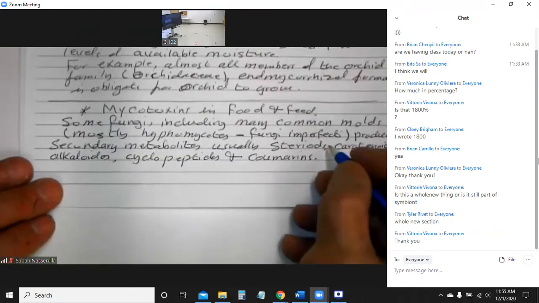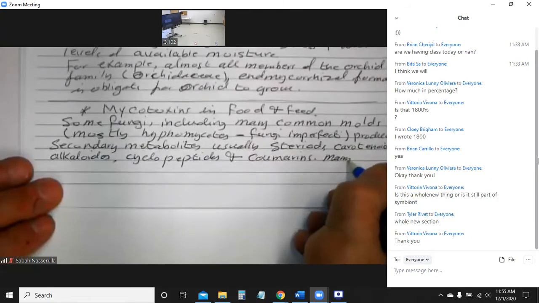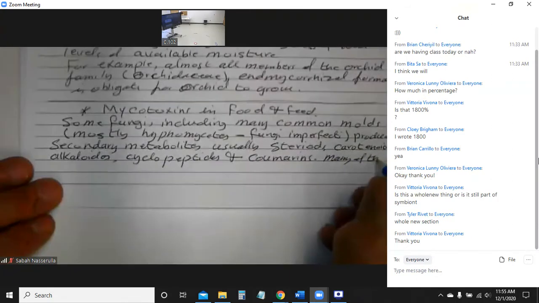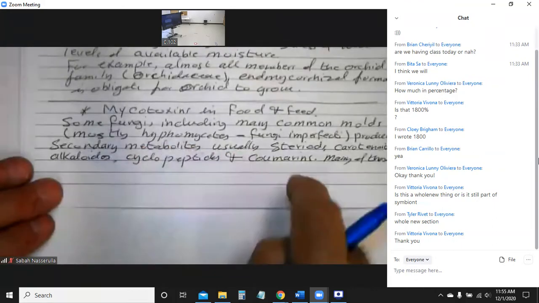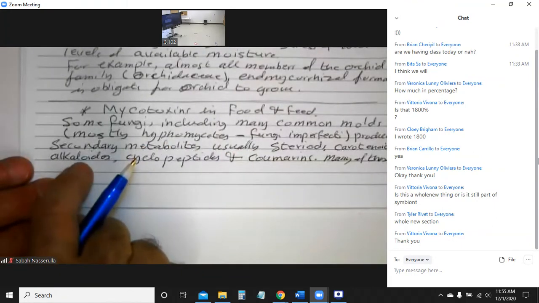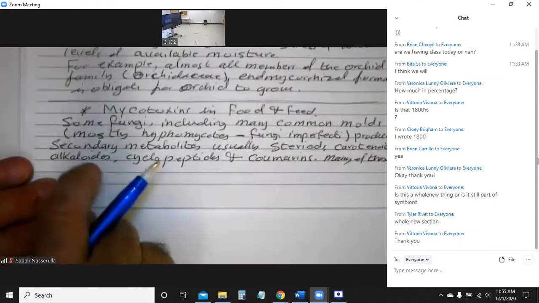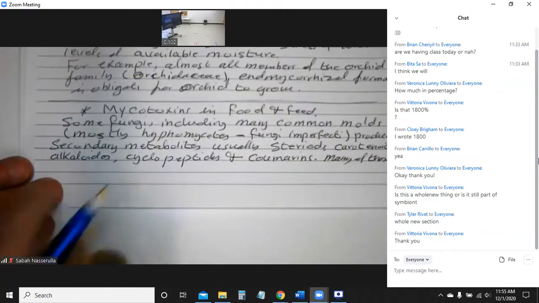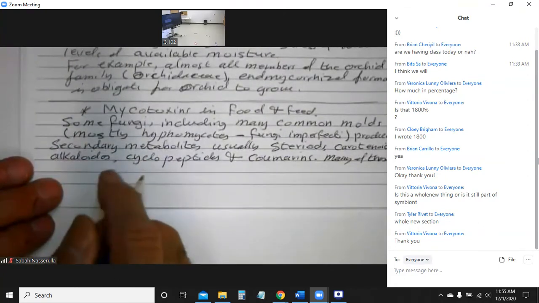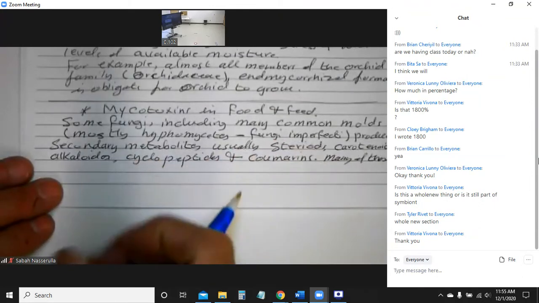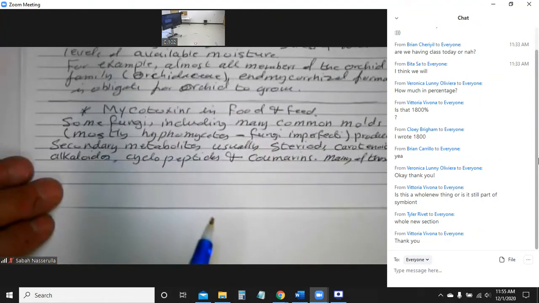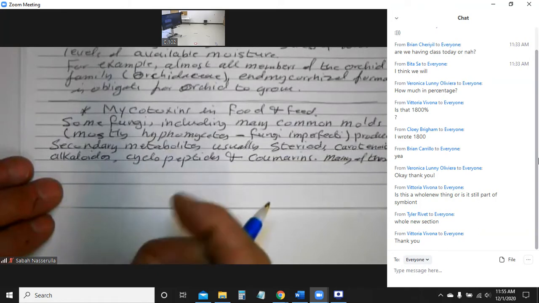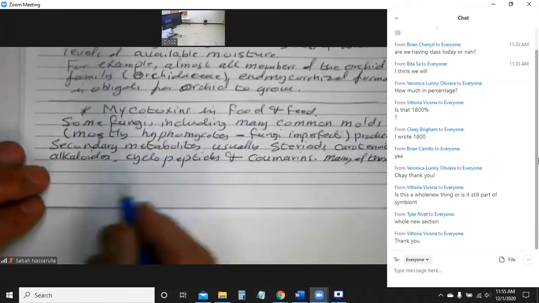As I mentioned, many of these substances, especially the last three, the alkaloids and cyclopeptides, are toxic. Most alkaloids are toxic, but some of them may also be used in medicine.